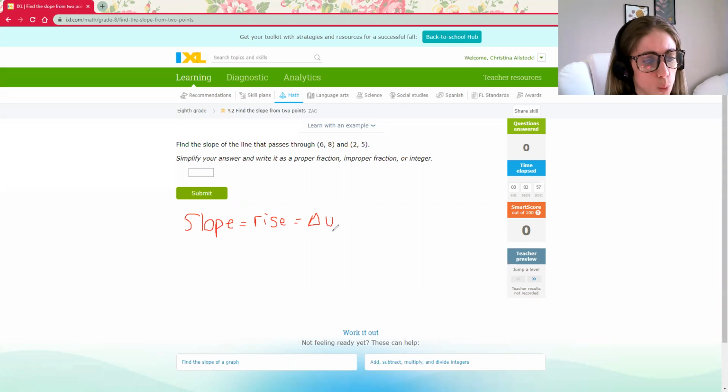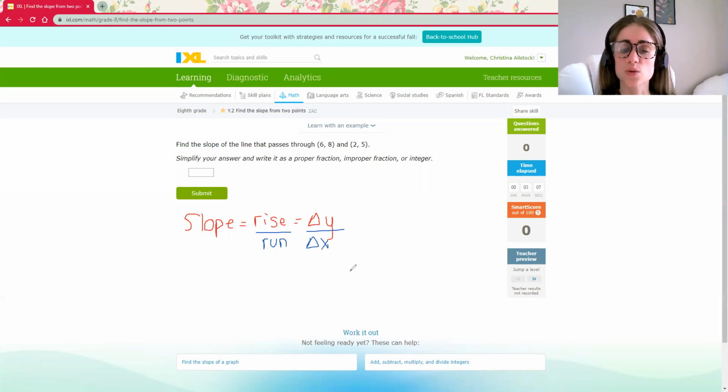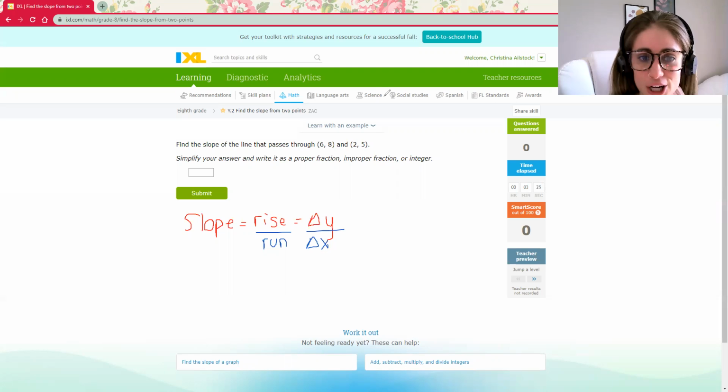So our change in y divided by our run, so our change in x. Since we don't have a graph, we're going to find these changes by subtracting. We're going to subtract our y values and divide that by the difference, so the answer after we subtract our x values.